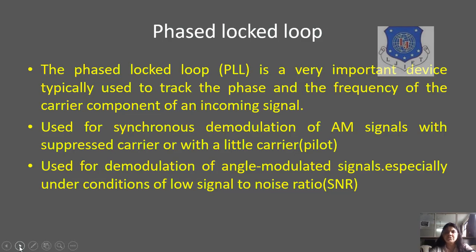Where the noise is less, the signal to noise ratio is higher, and we are always demanding that kind of situation. If the noise is high, then the signal to noise ratio is less, and especially under conditions where low signal to noise ratios are there, this can be used.